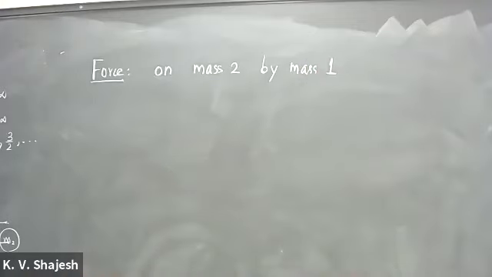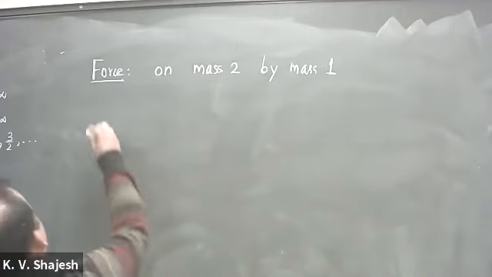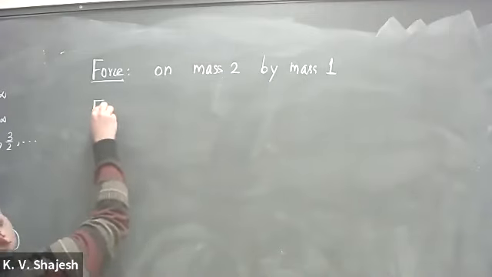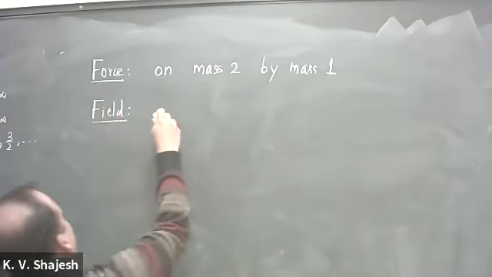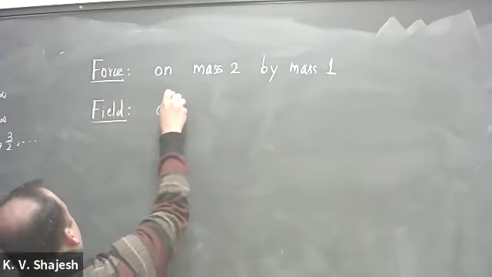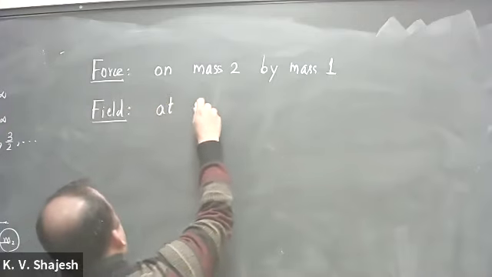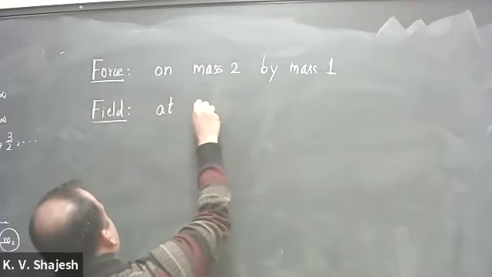When we use that language, there is a meaning we associate to that: we are exerting a force on another object by the first object. Here, notice the field is at, not on, at a point. So there is no mass 2 to begin with.